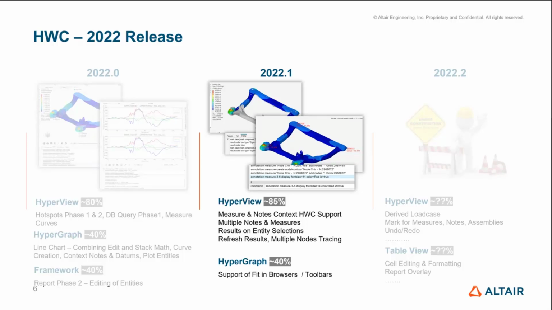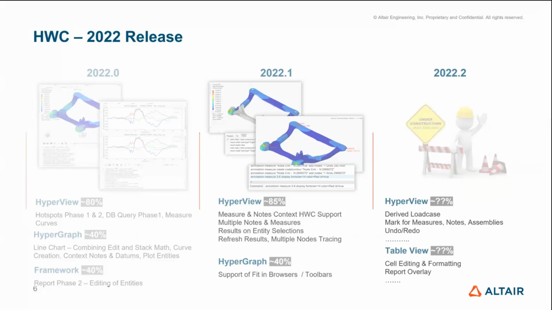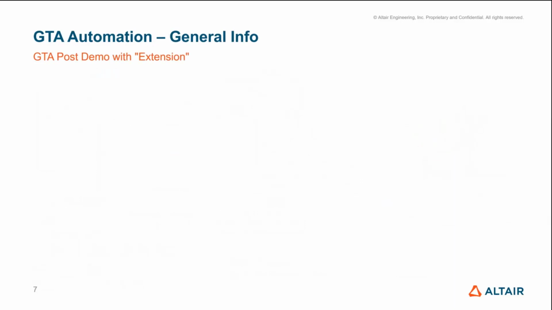For HyperGraph, as I said, the big chunk was in 2022. We have advanced fitting support, which is important for some customers. I will show more demos here. And in 2022, derived load case, mark for national nodes, and table view are under construction. But as I said, there is no guarantee that they will make it.